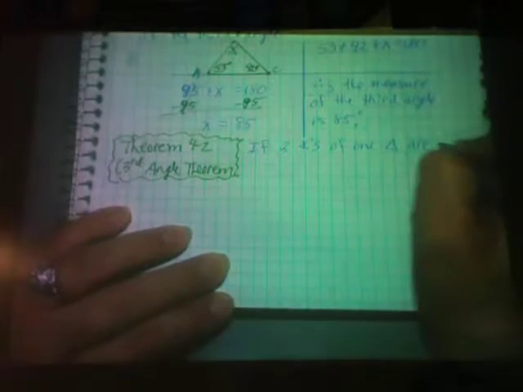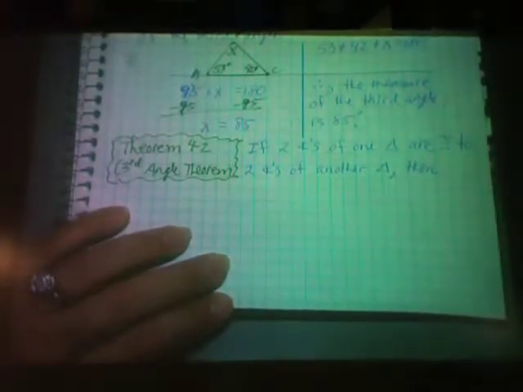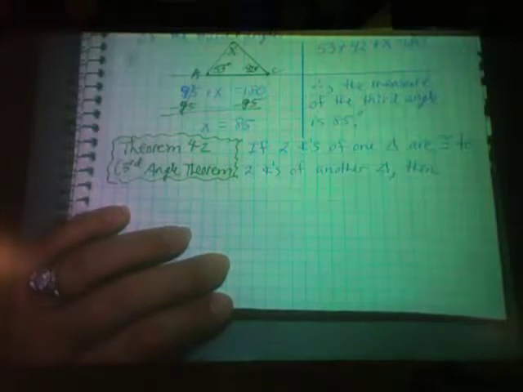The third angle theorem says, and this is used often in proofs, if two angles, use your shorthand notation, if two angles of one triangle are congruent to two angles of another triangle, then, you ready?